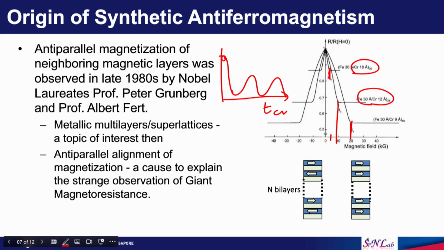Depending on the thickness you will have larger or smaller exchange coupling. So, maybe let us say this is 9 angstrom chromium, 12 angstrom chromium is here, then 18 angstrom chromium is here, something like that.